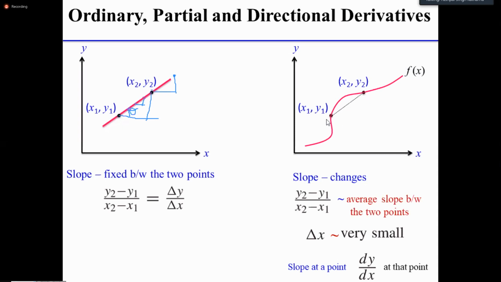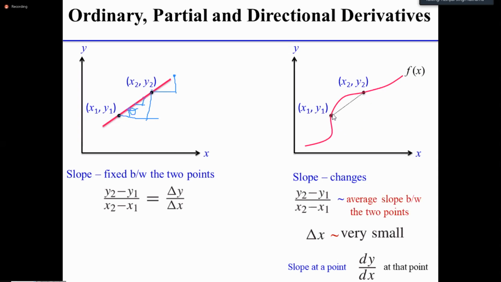And now if you consider the similar points x1 y1 and x2 y2 here, and you take the same kind of change that you evaluated previously, then you can see here that this slope, the change, delta y over delta x, won't be giving you the exact value of slope over all the points between x1 y1 and x2 y2.